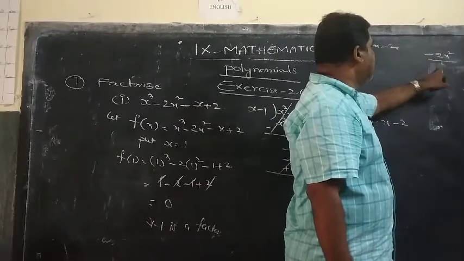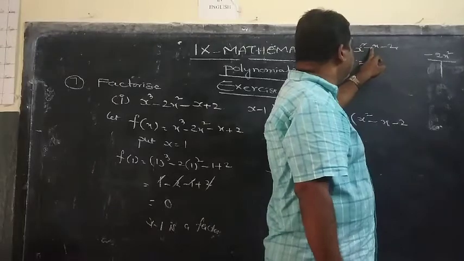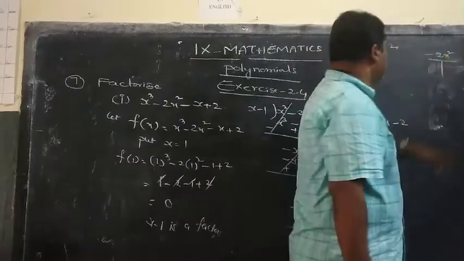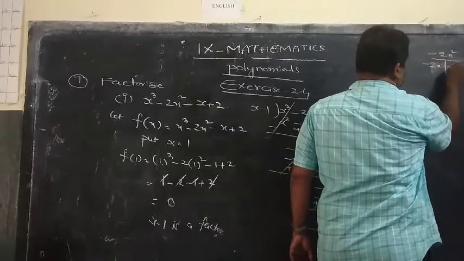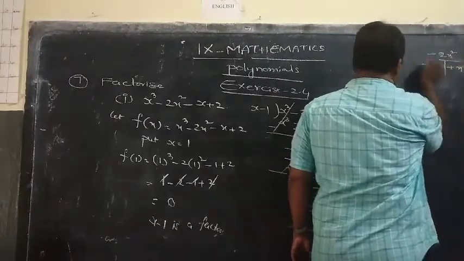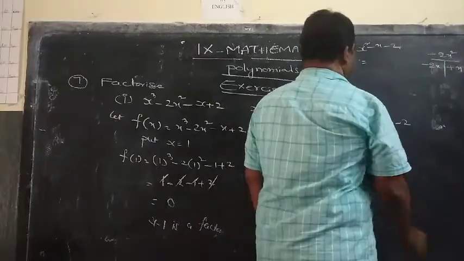Divide this product into 2 parts, 2 factors. On adding the 2 factors, we have to get the middle term. So minus 2x square, let us divide this into 2 factors: minus 2x and plus x. If you add, you will get minus x. If you multiply, you will get minus 2x square.